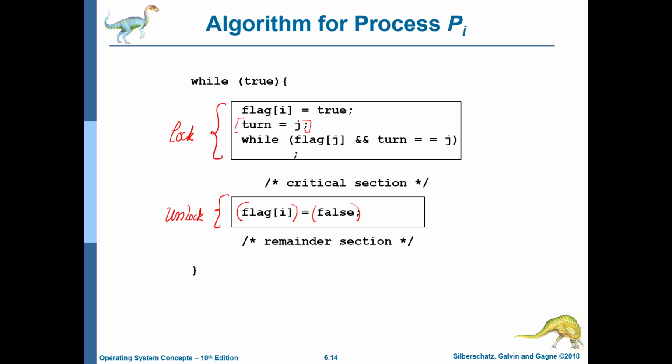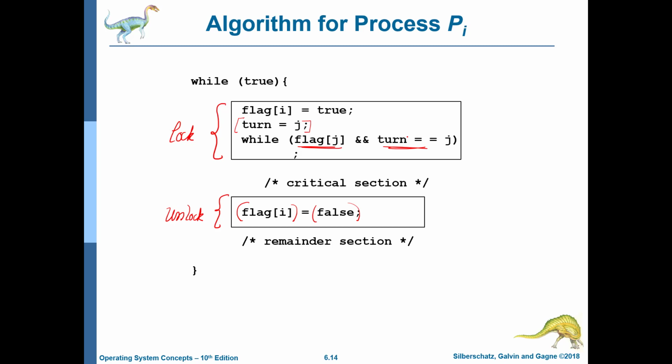So as long as process j is interested and it is process j's turn, I just wait. I first indicate my interest, then I set turn equal to j, and as long as flag[j] and turn is equal to j, let j execute and finish its critical section. Till that point I wait, and after that I am guaranteed to enter into the critical section.